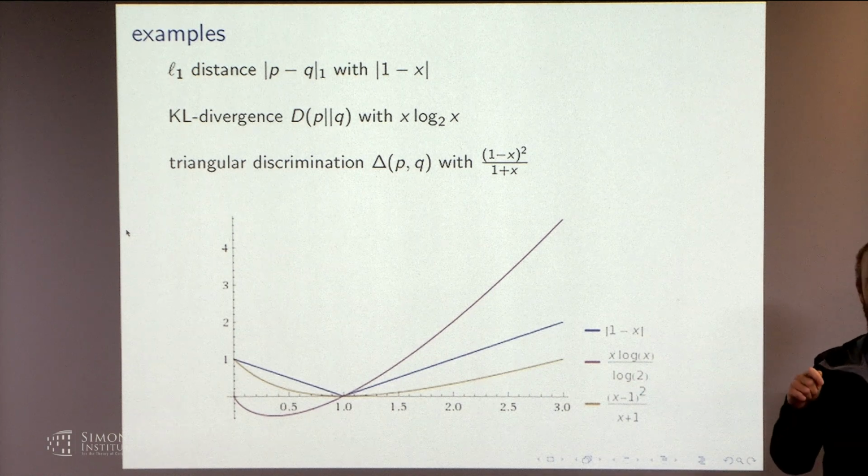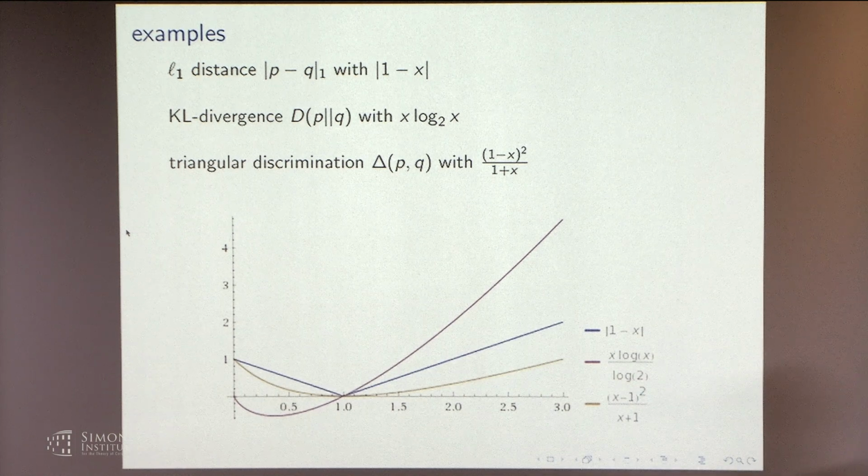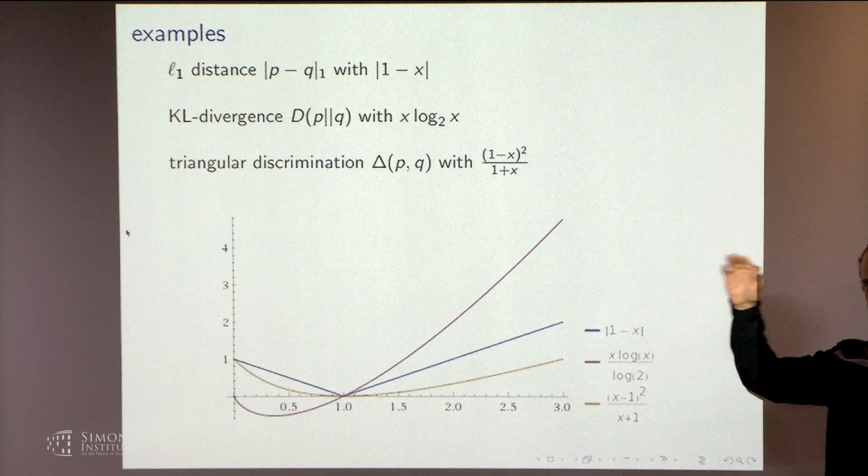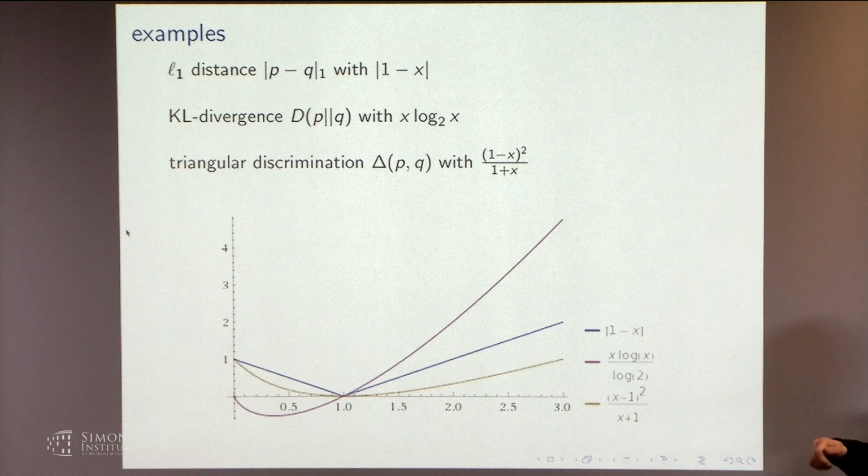So maybe it helps to see. It's not log, it's just x log x. Log is actually not convex, but x log x is. This is the right way to write it, which is strange, right?